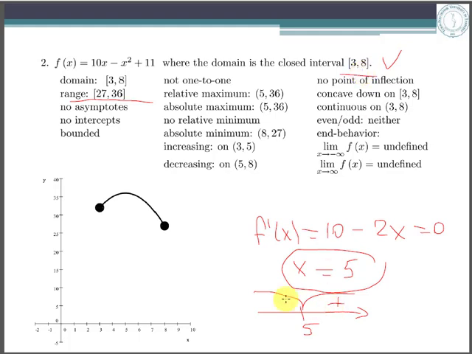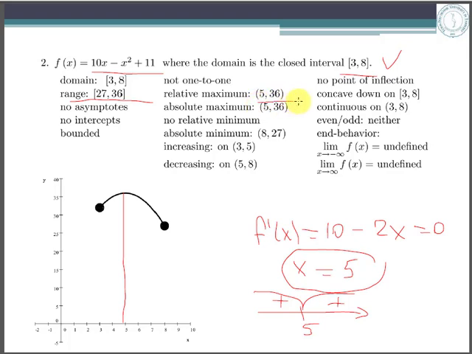And in this case, if we put 6, for example, again we get a positive value. However, we considered it in a closed interval. So this is the maximum point of this one. x is 5, it's the maximum point of our function. If you put this 5 into our function, we get the value 36.